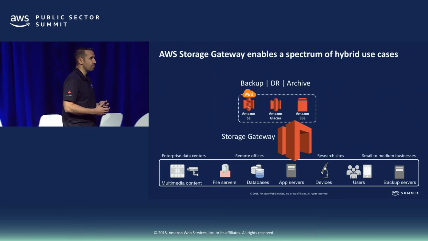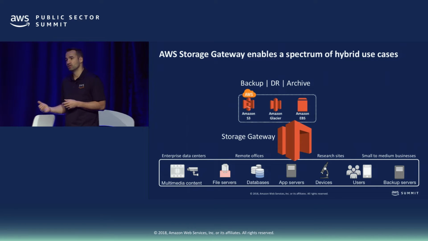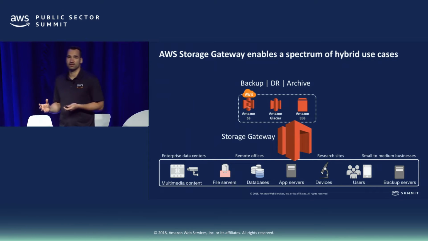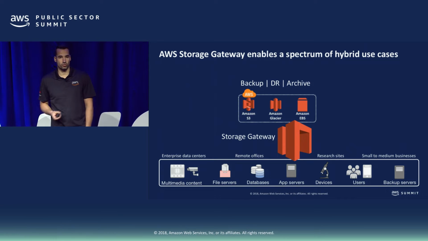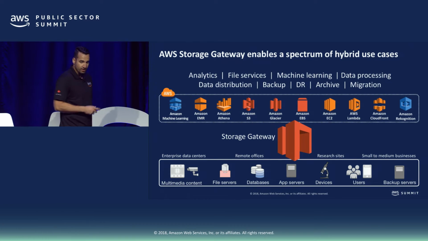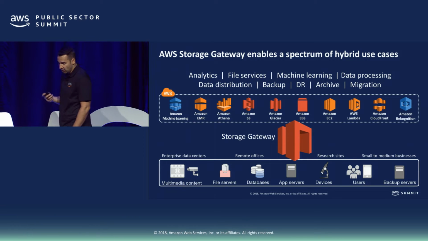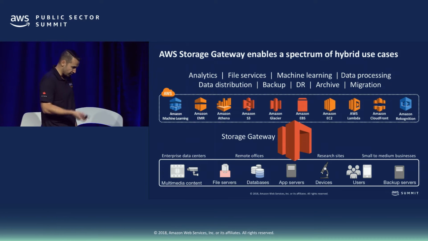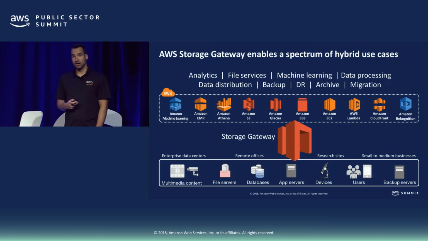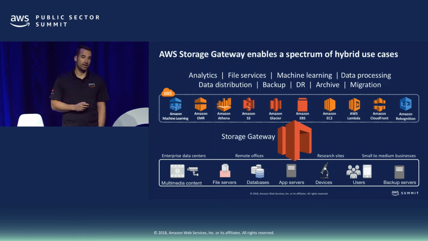Initially, people were looking at the gateway for primarily these 3 purposes, right? How do I back up my data into the cloud? How do I create cost-effective, easy DR scenarios? Or how do I just park my data into an archive and not have to keep buying storage arrays on-prem? Very quickly, those use cases have expanded, right? Now a lot of people are using our higher-level AI/ML services in order to leverage the data they've been keeping, or Amazon EMR, which is our Hadoop service, Athena I touched on, and so on.